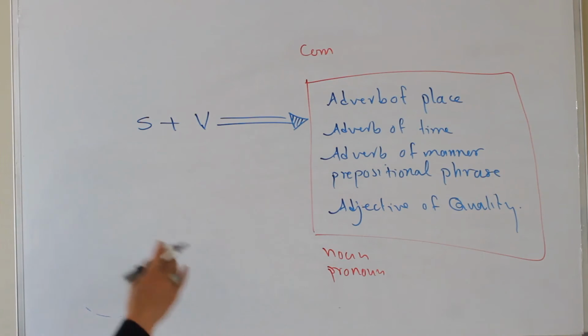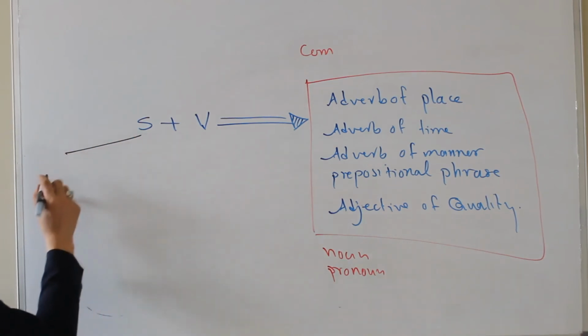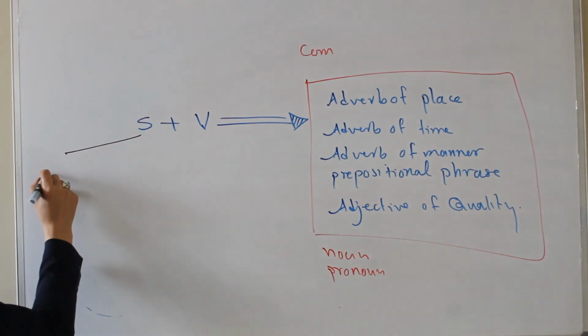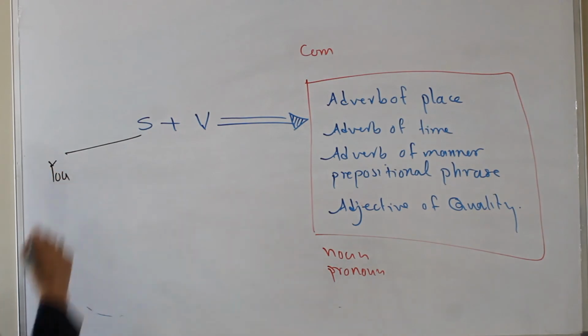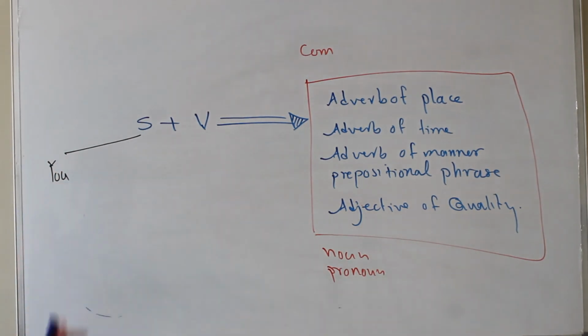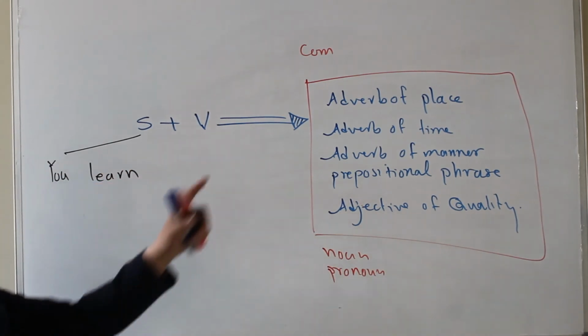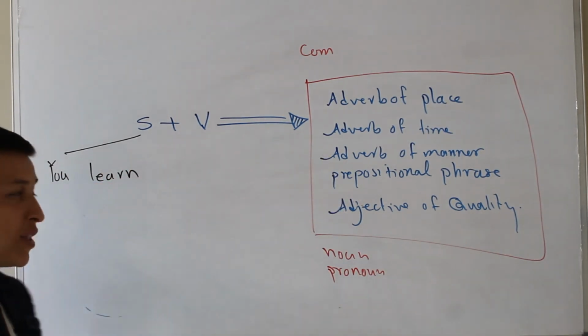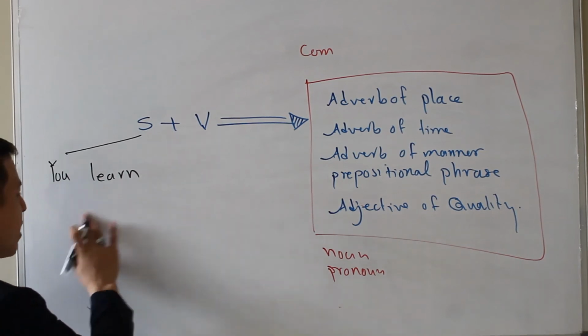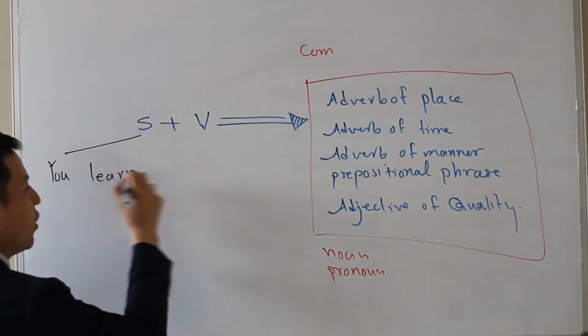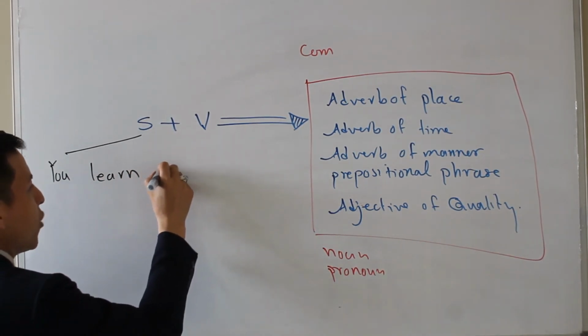Number 1: the subject should be you, and our verb should be, for example, learn, and then we write a place. For example, you learn at home.